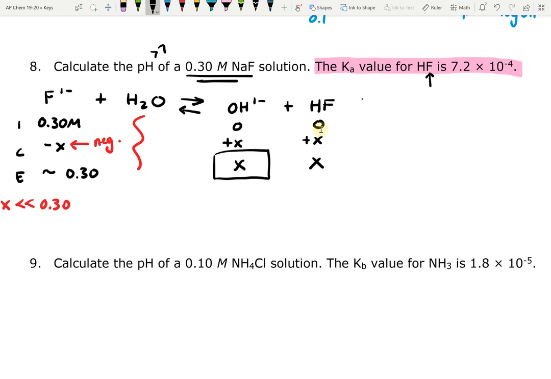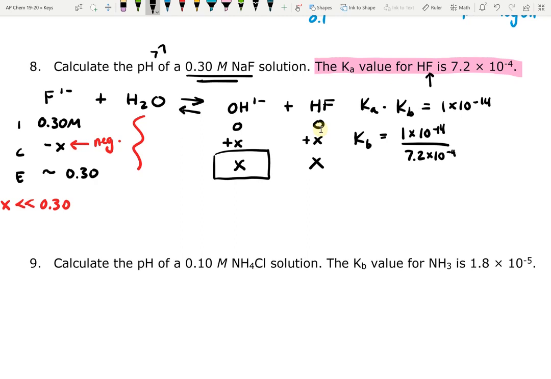And hopefully you remember that Ka times Kb for any acid-base conjugate pair is 1 times 10 to the negative 14, just as we've seen 10 to the negative 14 in other places in this unit. So if I know Ka, I can find Kb from it. Kb will be 10 to the negative 14 over Ka, which was given here as 7.2 times 10 to the negative 4.